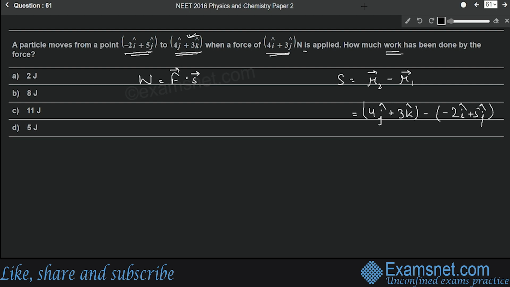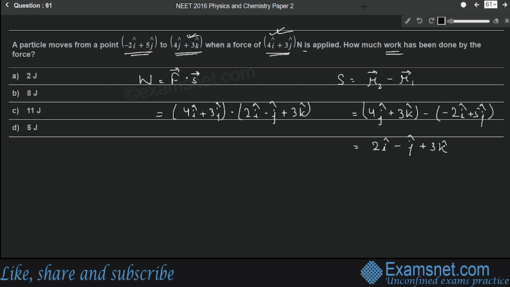On solving this, we get 2 i cap minus j cap plus 3 k cap. This is your displacement. We put these values here. The force vector is 4 i cap plus 3 j cap, so 4 i cap plus 3 j cap dot product 2 i cap minus j cap plus 3 k cap.